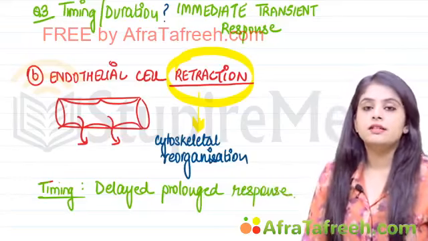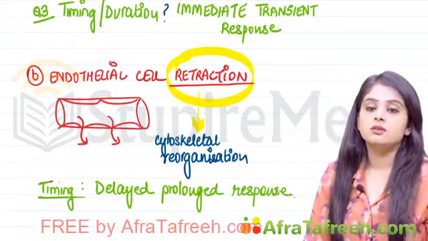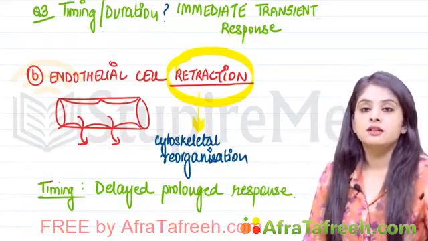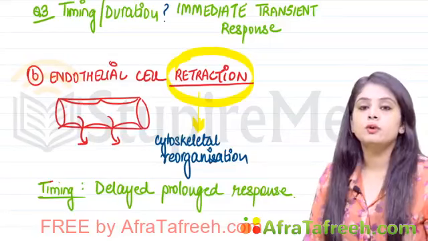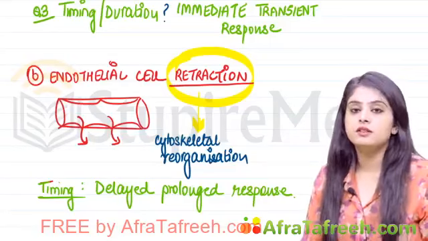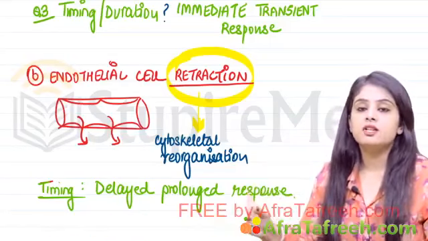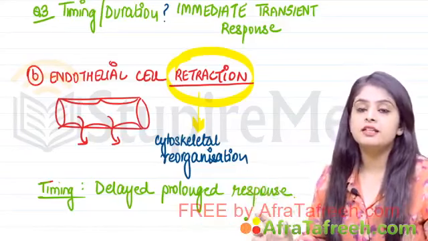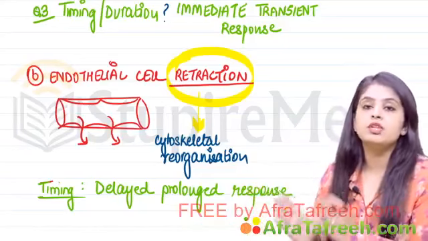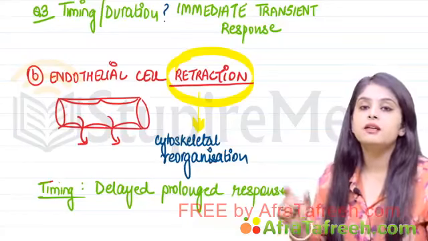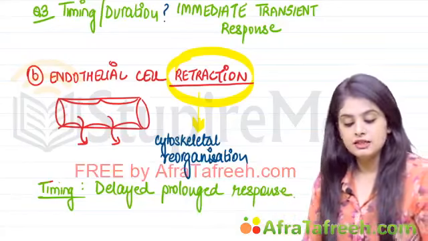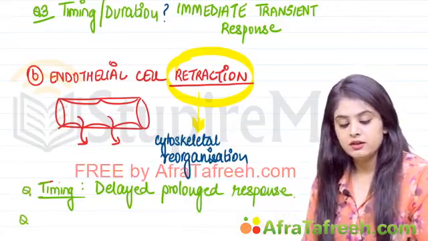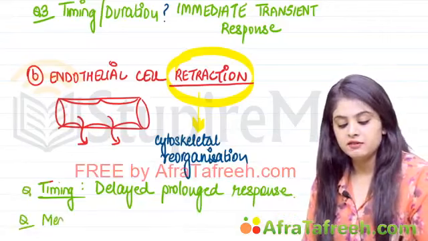So students, endothelial cell contraction was because of histamine. Preformed mediator, quick response, immediate and transient. Endothelial cell retraction is because of cytoskeletal reorganization, which will take time to change the framework. So delayed, prolonged response. The next question that you will get, what is the mediator for this change?